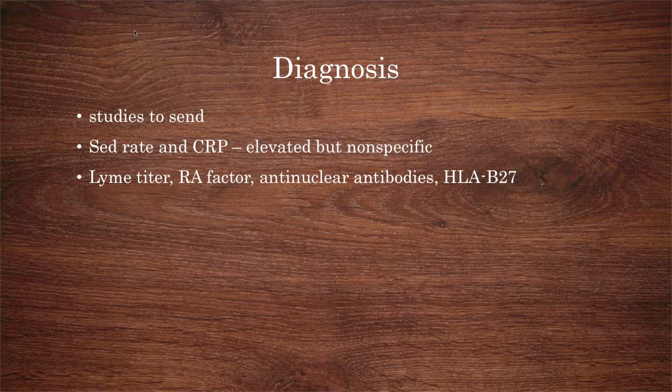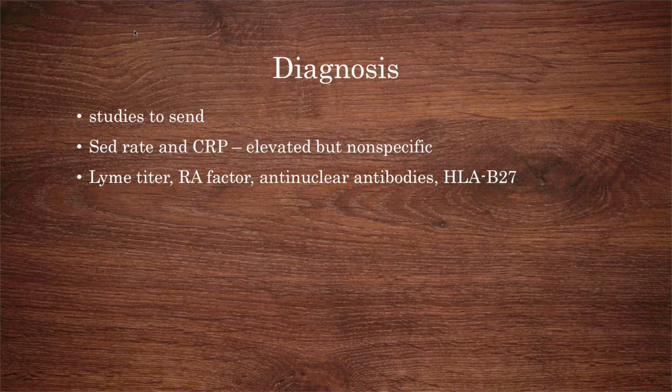So I don't know that it's very useful. But not specific, right? True. It's totally non-specific. If you have a normal white count, normal sed rate, normal CRP, it's very unlikely that you have a septic joint. True. Yes, so in that case, it can help in your diagnosis.